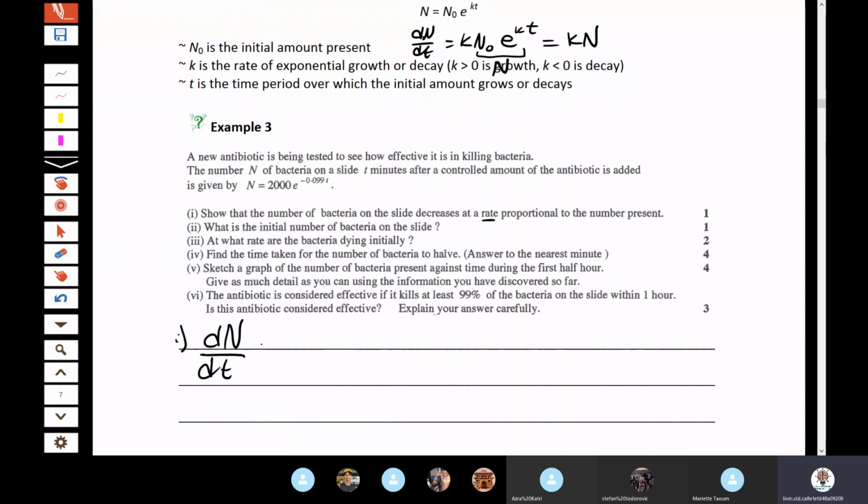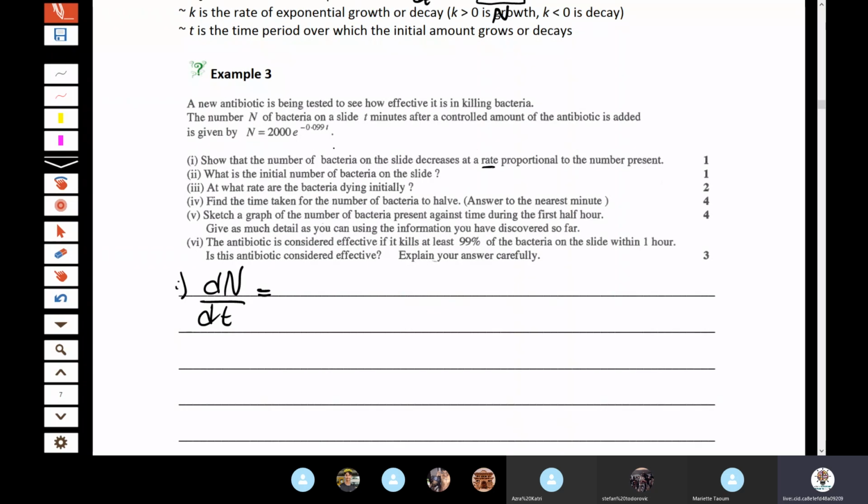So the same thing with this one, dn on dt, you just differentiate that. So differentiate that, you just bring this down. So 2000 times negative 0.099 is negative 198. And then e^(negative 0.099t).